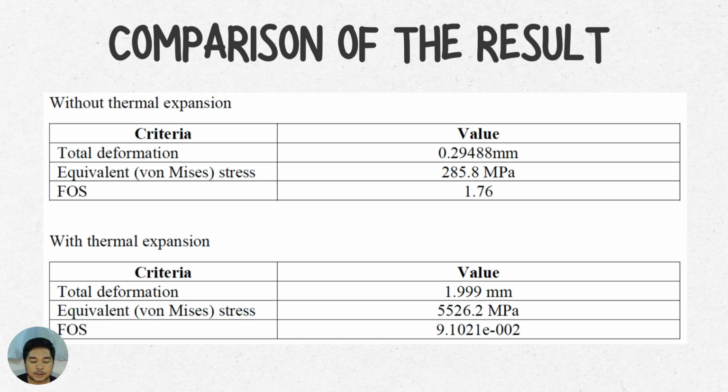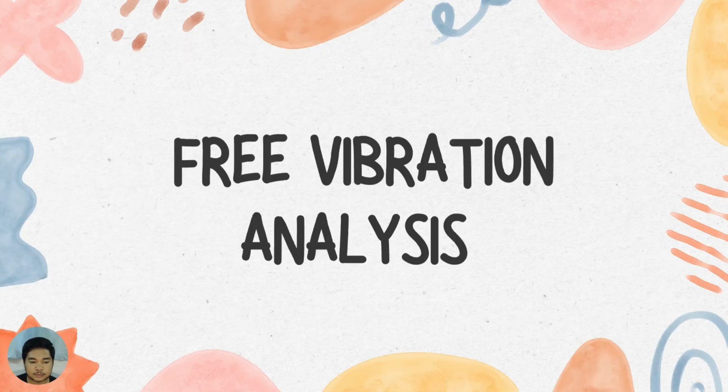Equivalent von Mises stress also increased to 556.2 megapascal, and the factor of safety for the bracket with thermal expansion is decreased to 9.1201 exponent negative 2.